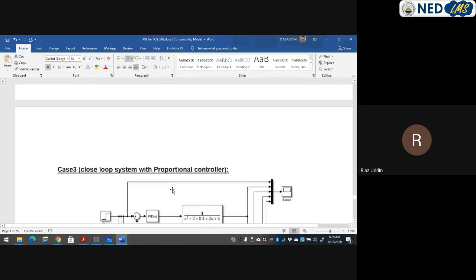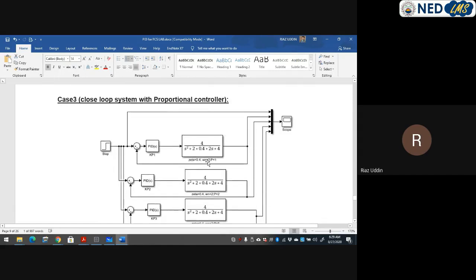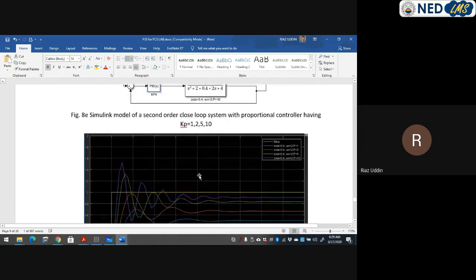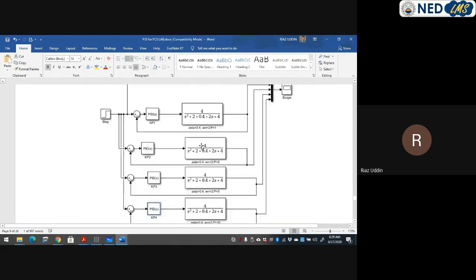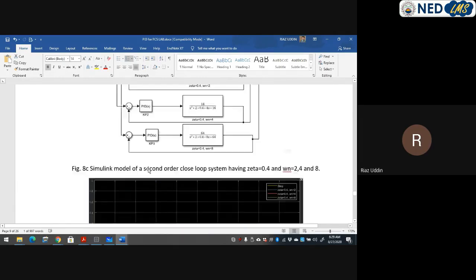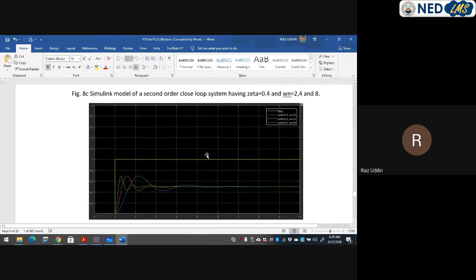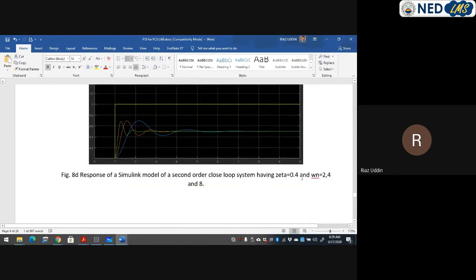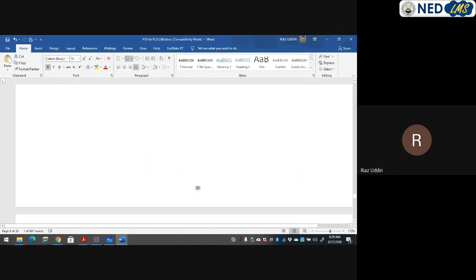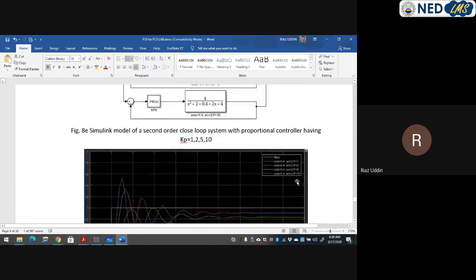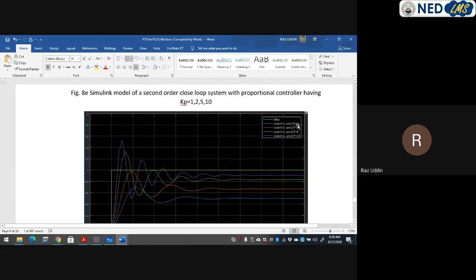In this diagram we have used lower values of gain, probably 0.5 or something, which has given us this kind of response. I forgot to mention here, you can check it by yourself. But in this diagram we are using different values of p gain for different responses. For example, for the blue one we are using p equal to 1.